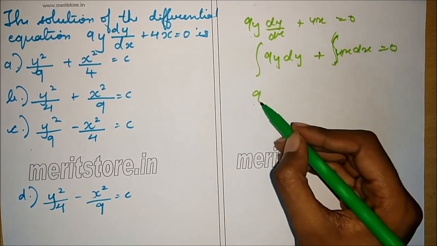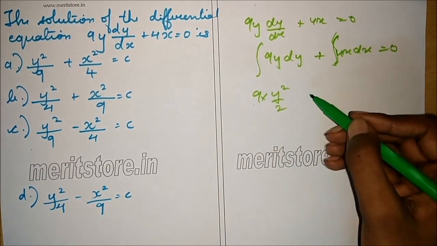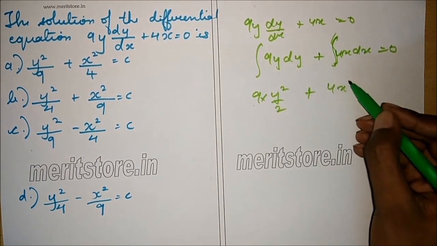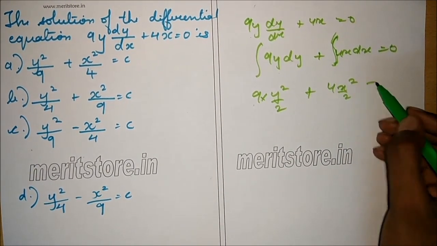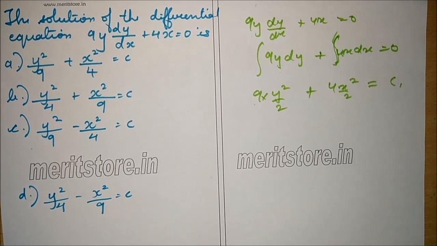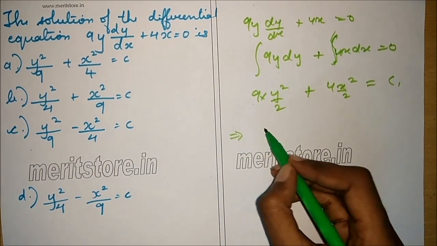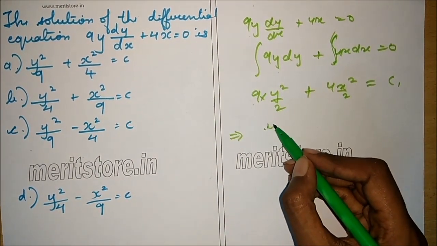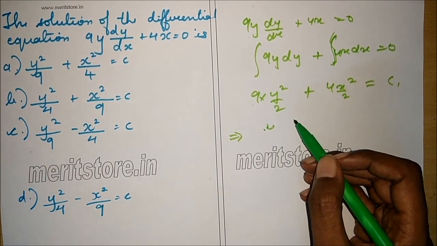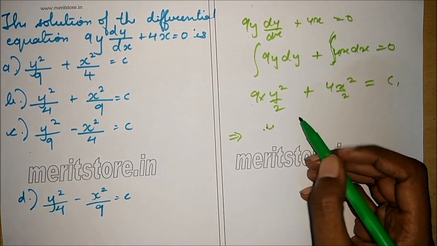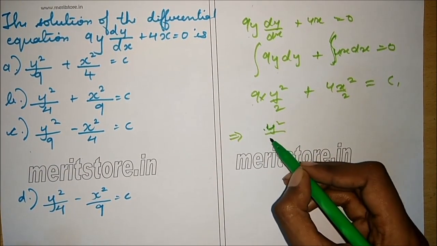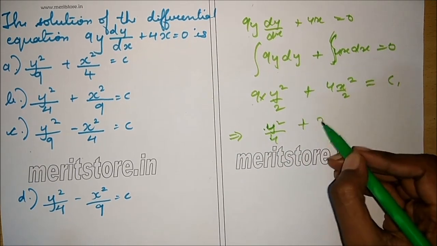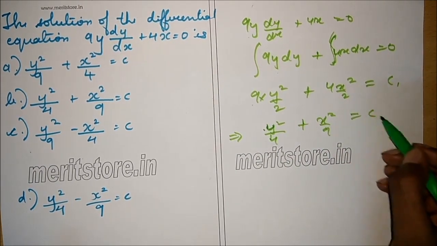integration of y is y square by 2. So this will be 9 into y square by 2 plus similarly this will be 4 into x square by 2 is equal to c1. Now we divide throughout by 18. So this will be y square by 4 plus x square by 9 is equal to c by 18.